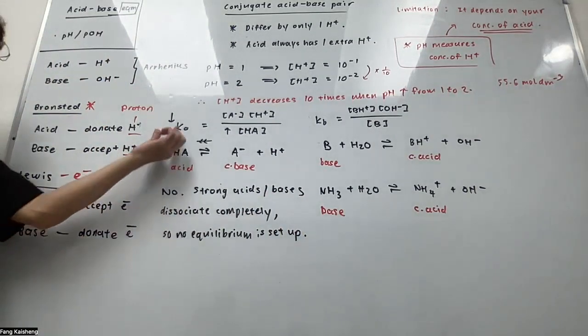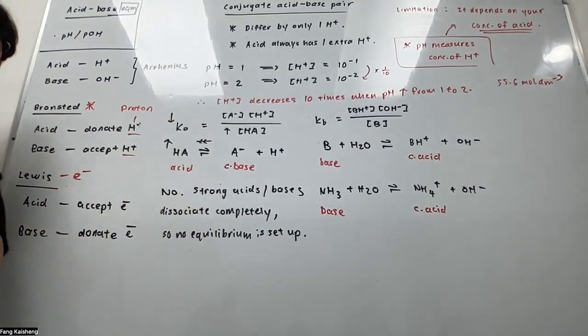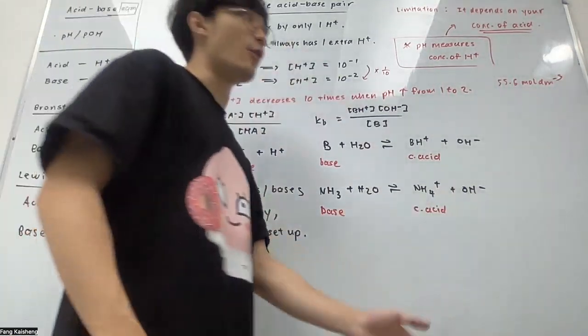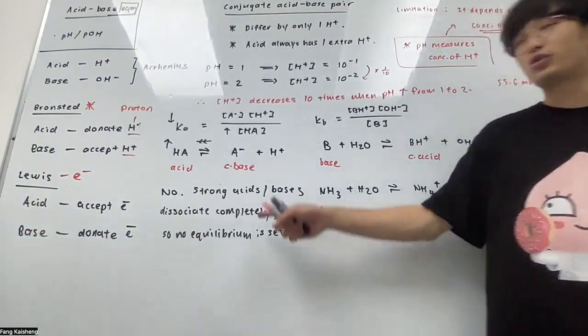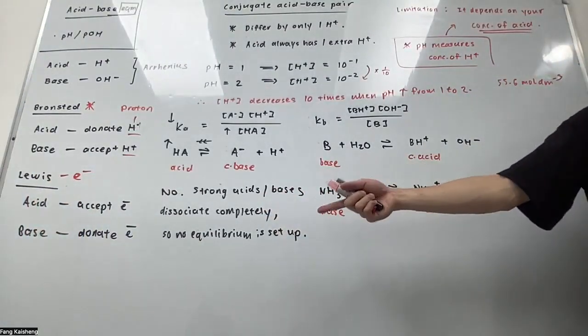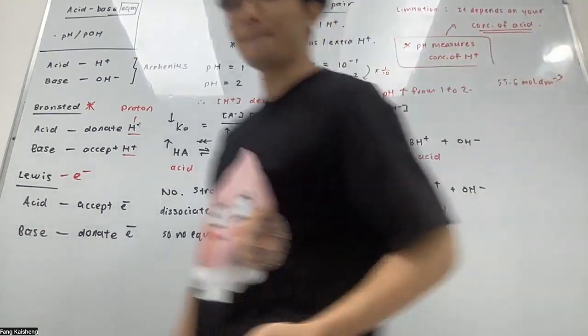As mentioned, all the capital Ks, the Ka, Kb, Kc, whatever, this K stands for equilibrium constant. The word equilibrium is there already. Strong acids don't even have equilibrium, so how do they have the right to have a K? No, cannot.